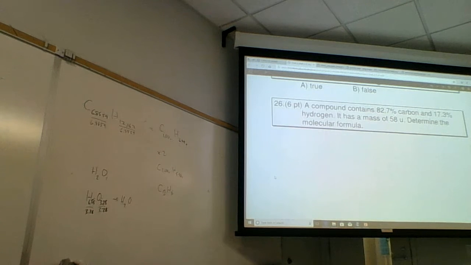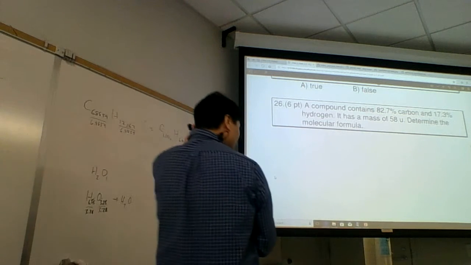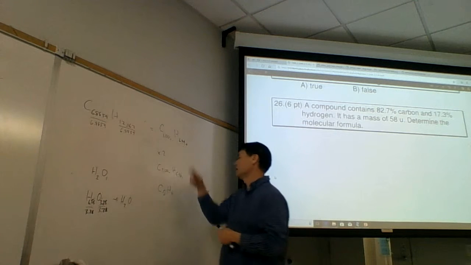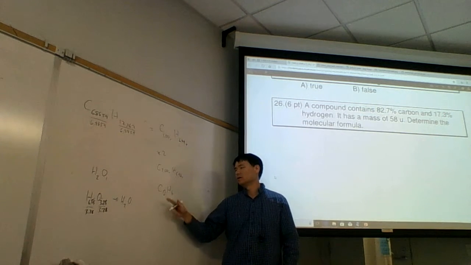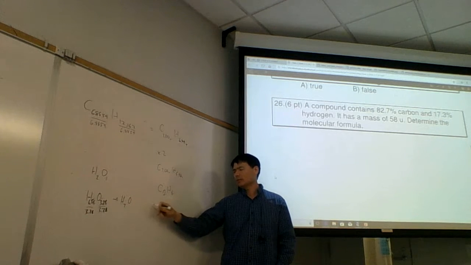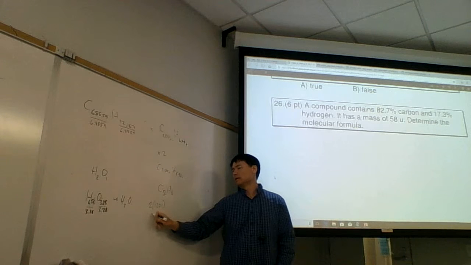How would the C2H6 equal 58 U in the mass? Okay. Well, unless I made a mistake. It's possible I could have made a mistake here, but if we look at the mass of this unit, 2 carbons would be 2 times 12.01, which is 24.02.